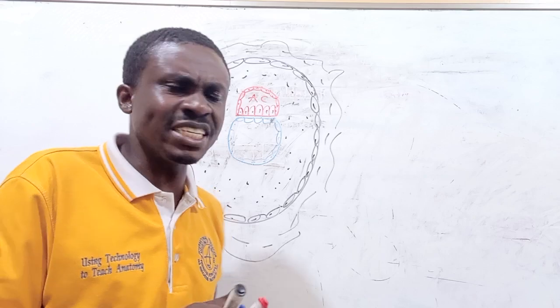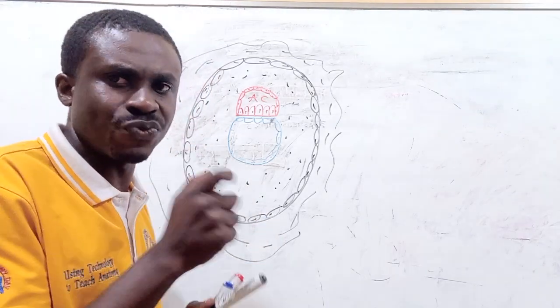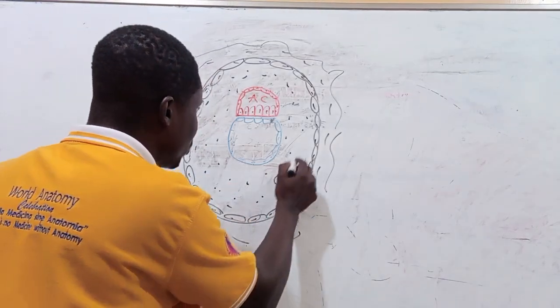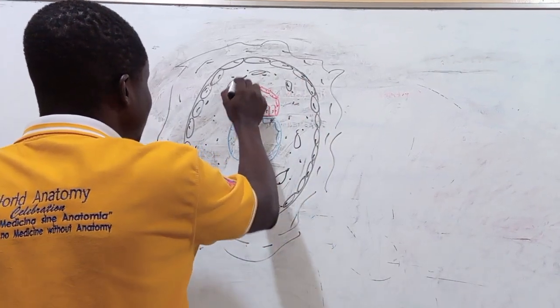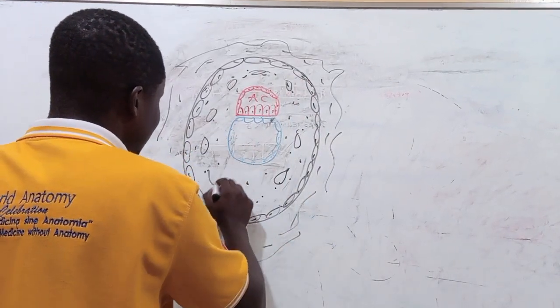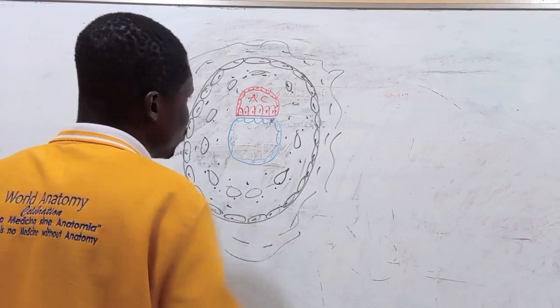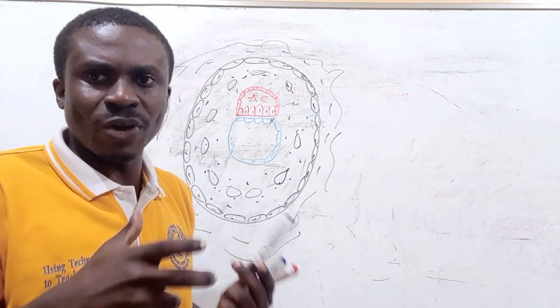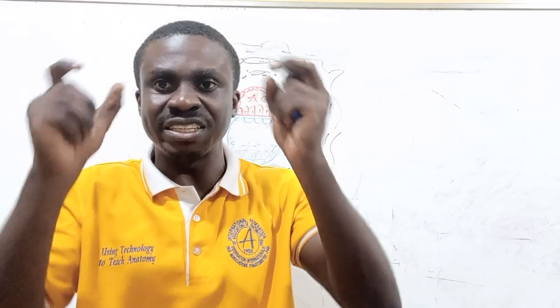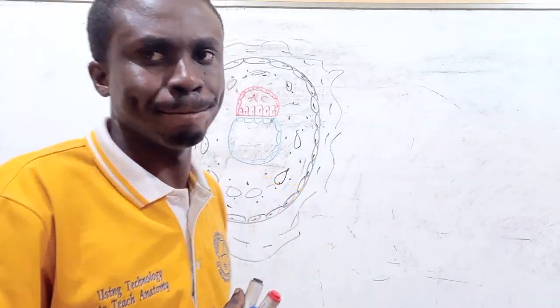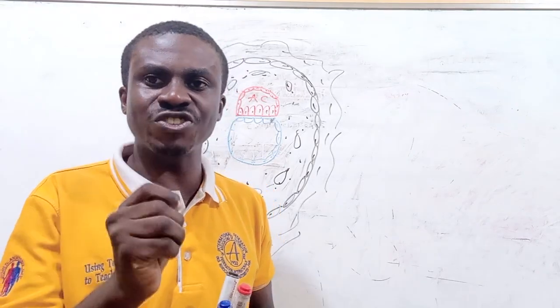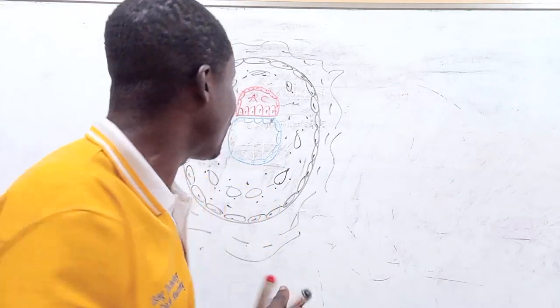Now, one thing we see is that there will be some small cavities formed within this extra embryonic mesoderm. Eventually, these cavities will coalesce, fuse together to form a large cavity, which will be called the extra embryonic coelom or extra embryonic cavity.